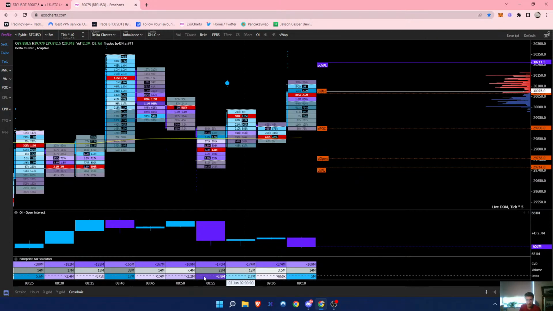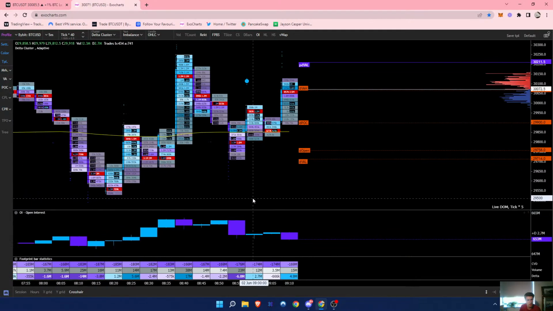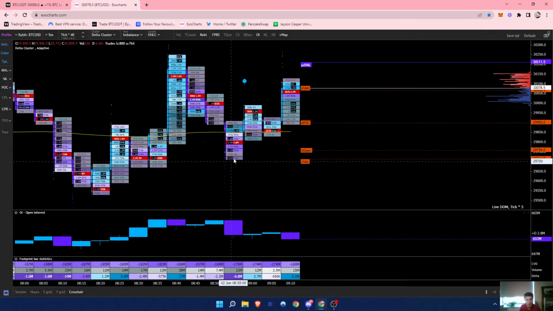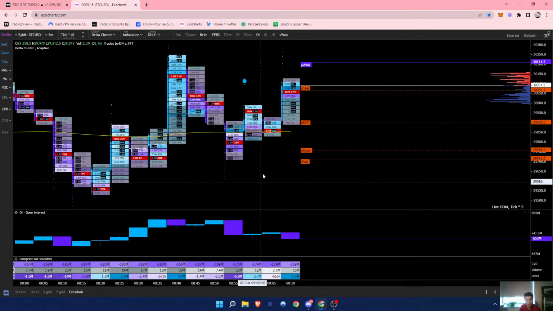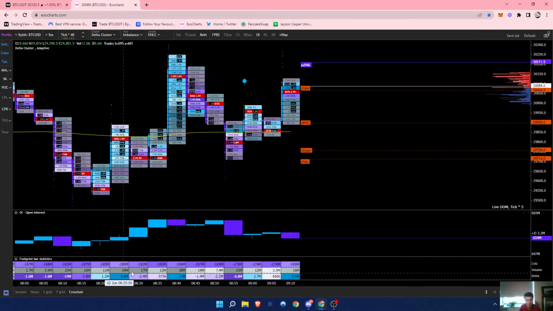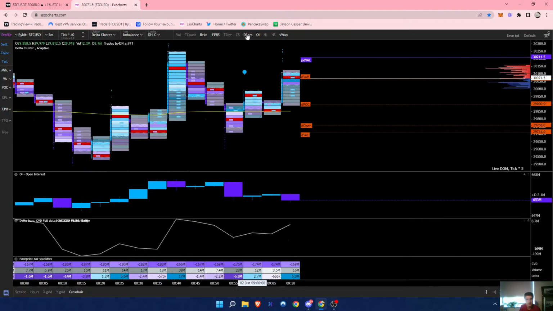The reason for this is I'm seeing, generally now as we are in an uptrend, you can see a higher low established here. It's more risky, but generally within this uptrend, we see more delta.